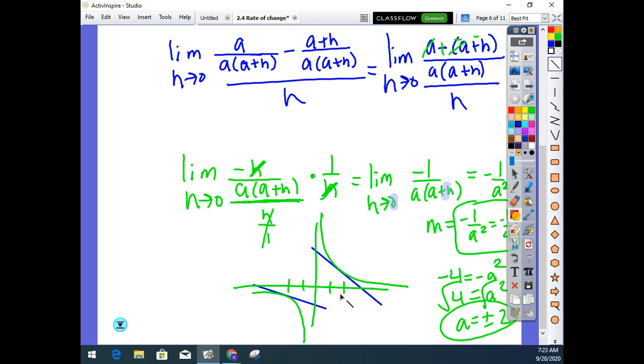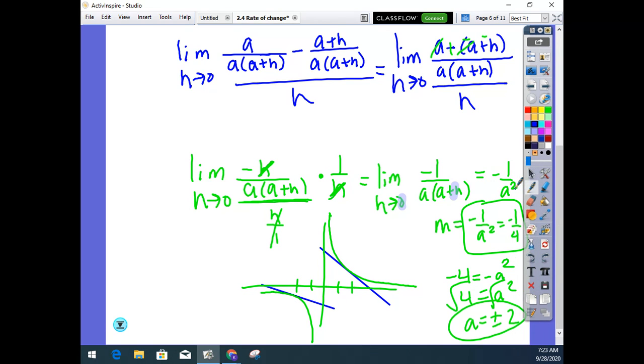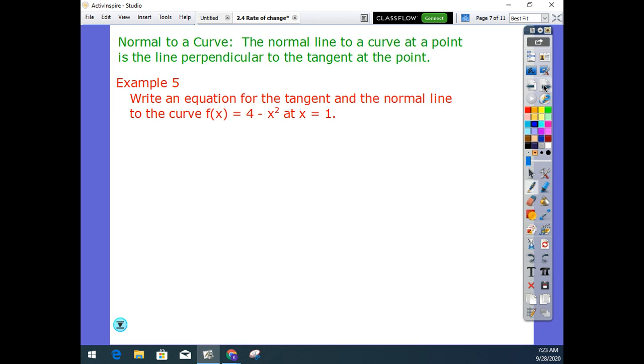So you could notice on this, everything is always negative. And if you look, if the equation is negative 1 over a squared, this will always be a negative number. And the bigger the number gets, the more shallower the slope gets. All right.